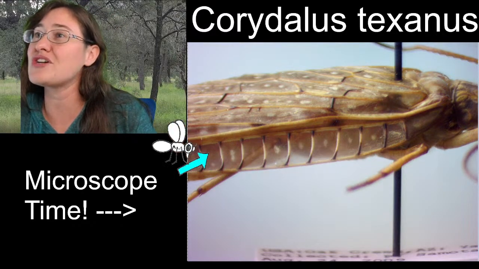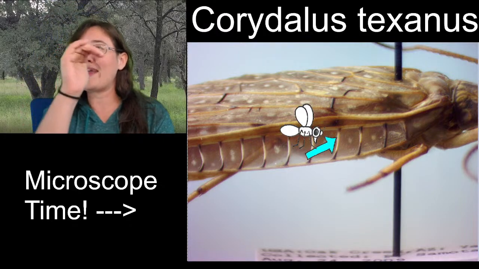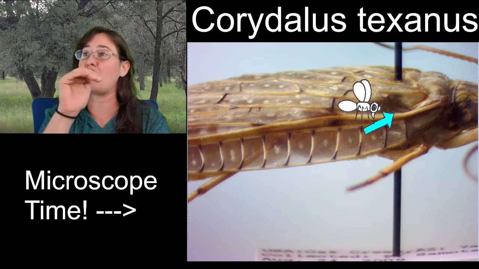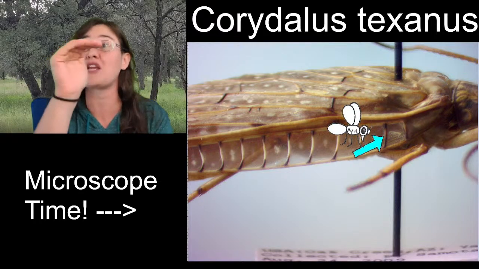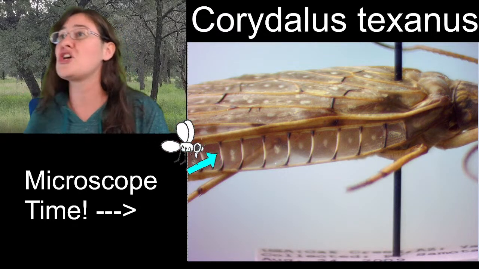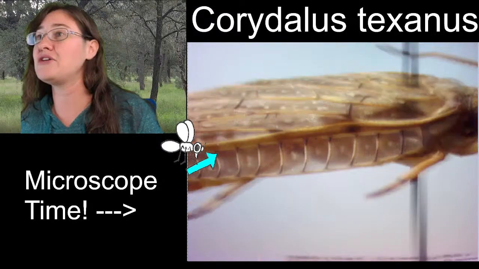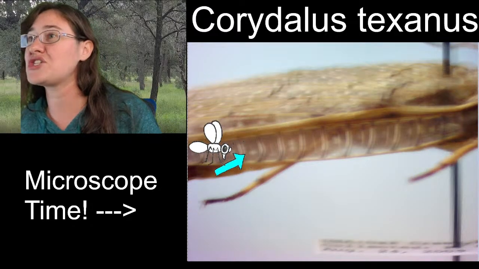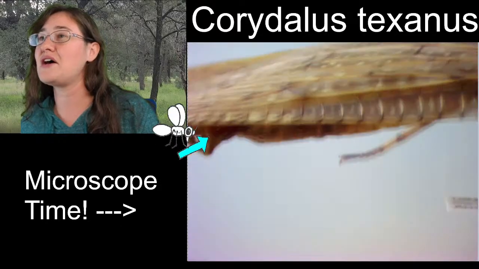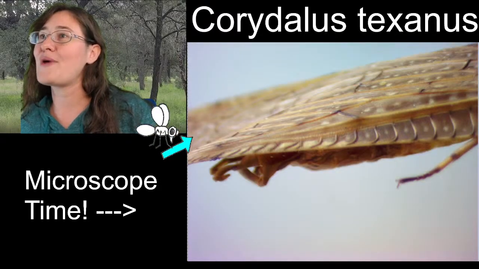But if you look down here, the wing kind of bends at almost a complete 90-degree angle, especially up here in the front. It's pretty much bent like this. But then as you go out towards the edge, the wing starts flattening out. And this region right here gets very, very thin until the wing is flat.